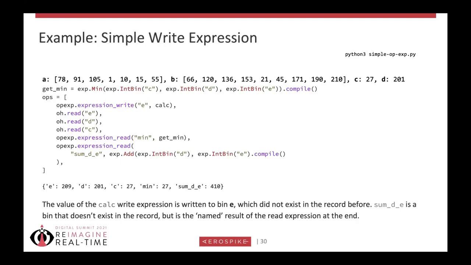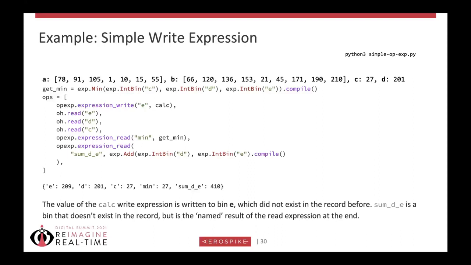And then I'm declaring another expression, which is finding the min of bins C, D, and E. And you notice there is no bin E yet, but this is what this expression does.